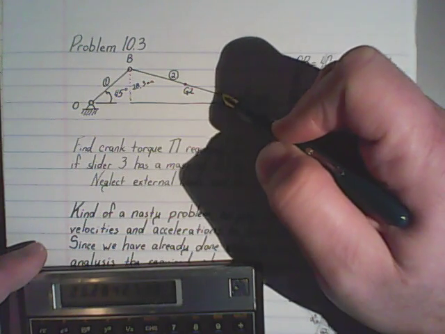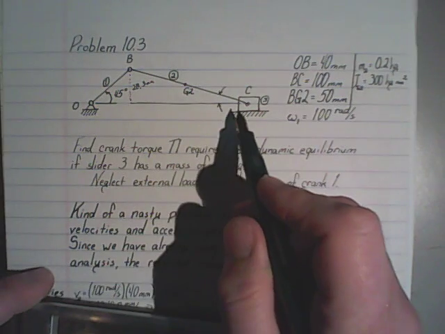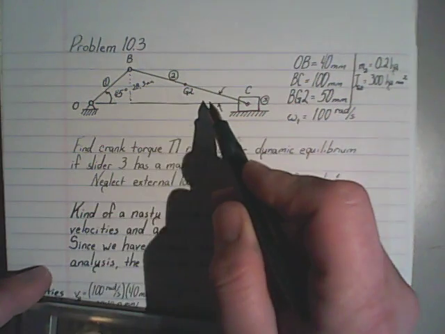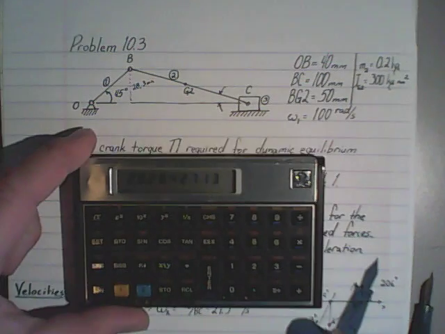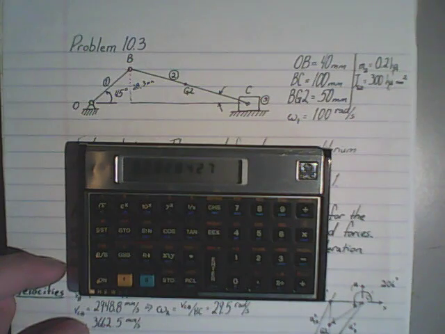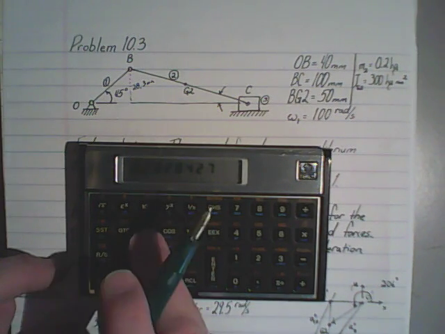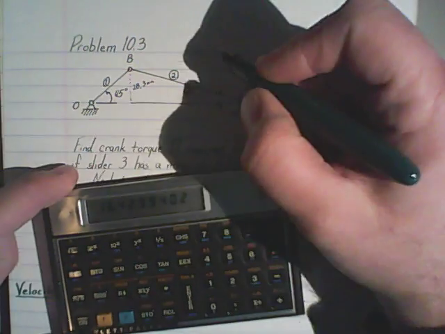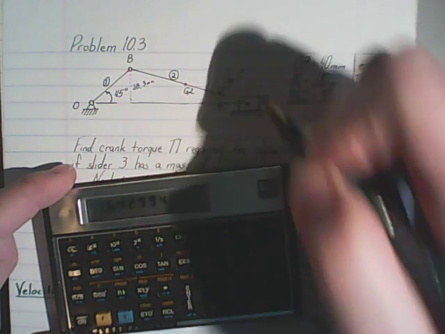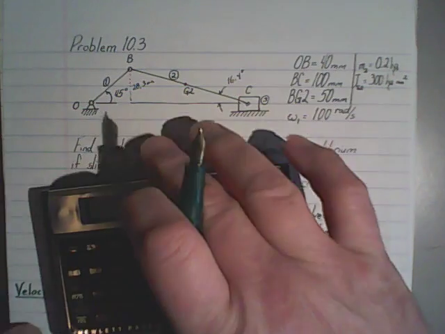Therefore, I can get this angle by taking the inverse sine of 28.3 divided by the hypotenuse of this triangle, which is 100 millimeters. So 28.3 divided by 100, and taking the inverse sine, this angle is 16.4 degrees.